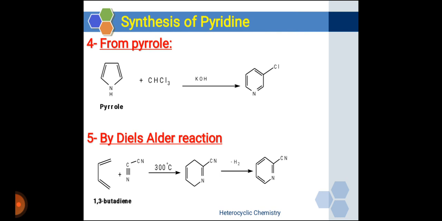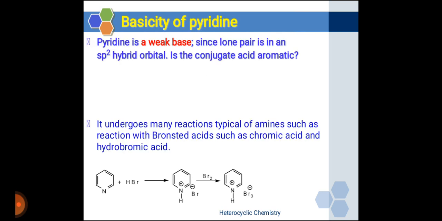Okay, now we are going to discuss the basicity of pyridine. Pyridine is a weak base because it has a lone pair of electrons in an sp2 hybridized orbital.